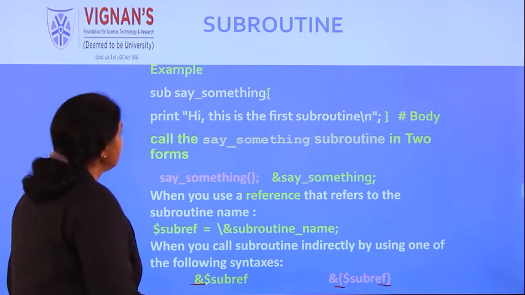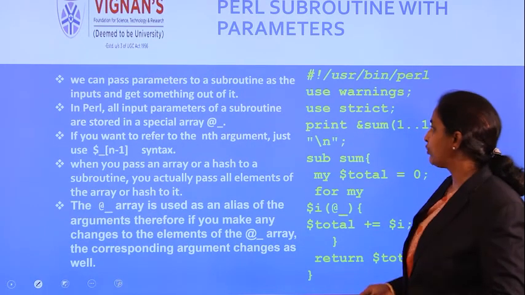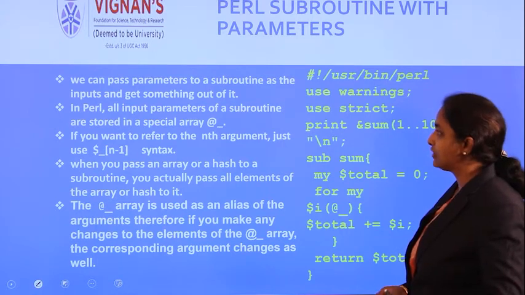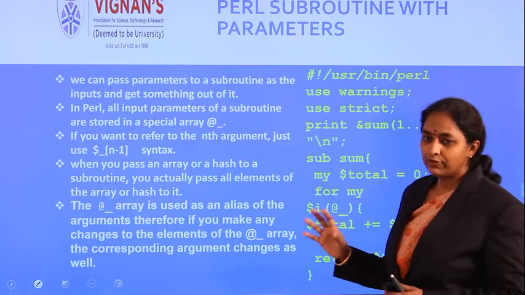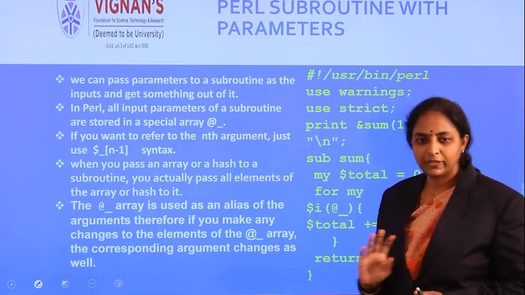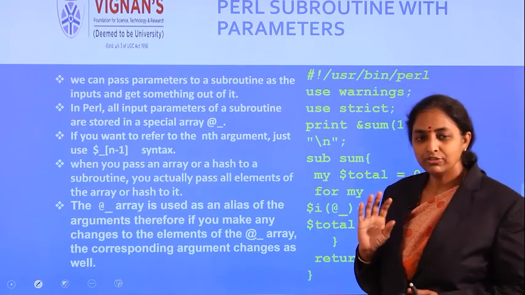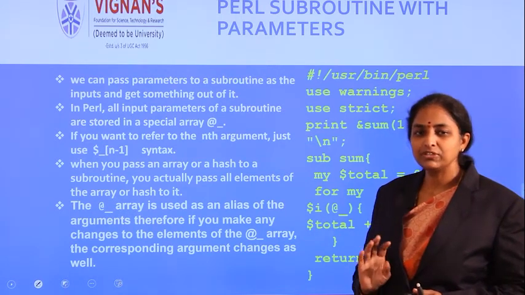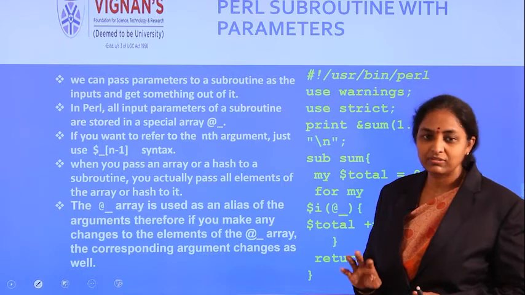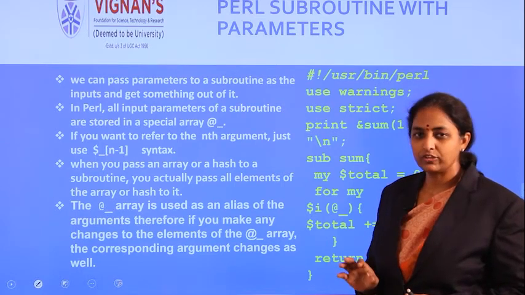Right? Now we will see some more important aspects of functions. So far we have not passed parameters into a function. Now we will see how to pass parameters into functions and how to access them. That is the next aspect.